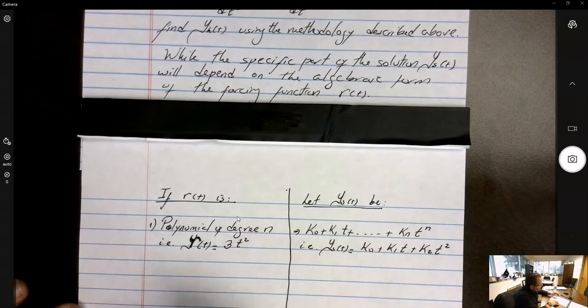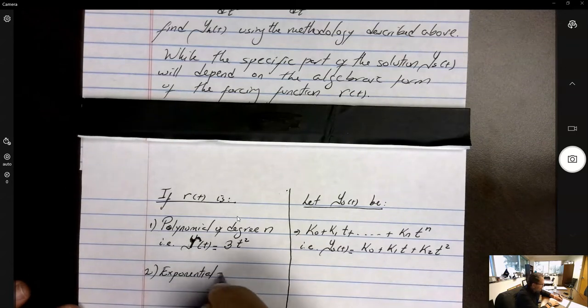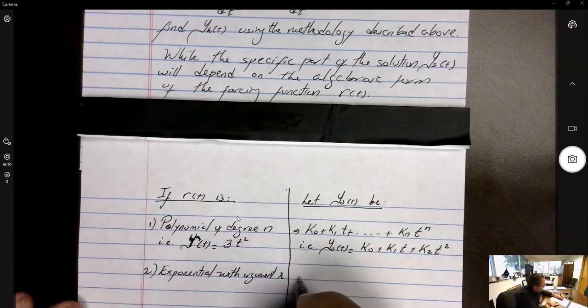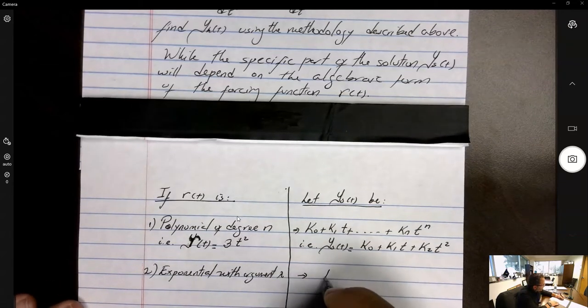Okay. 2, so it's an exponential with argument lambda, for instance. Then ys is going to be k0 times e to the lambda t.